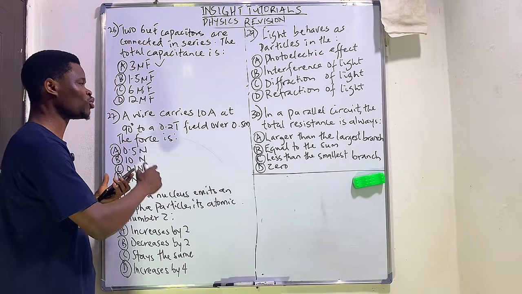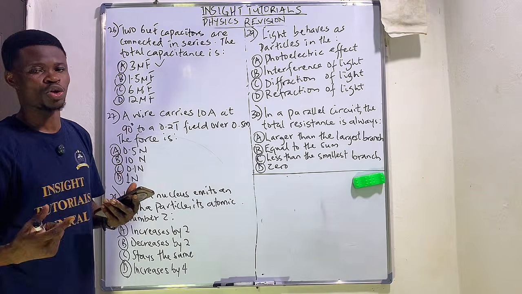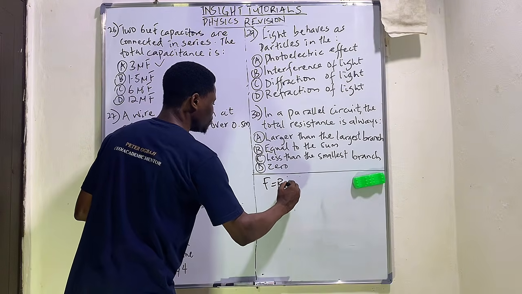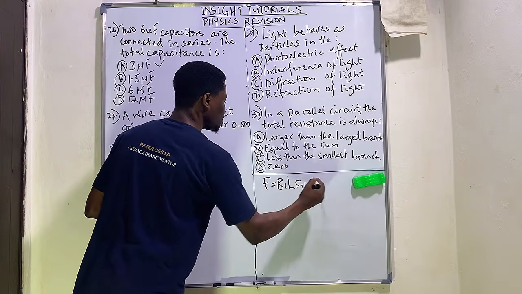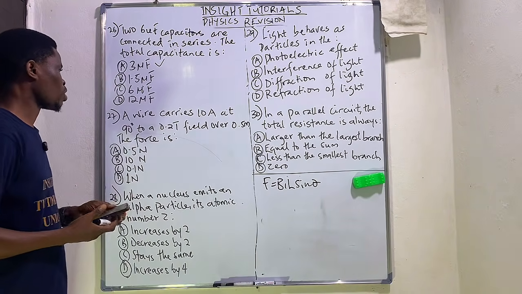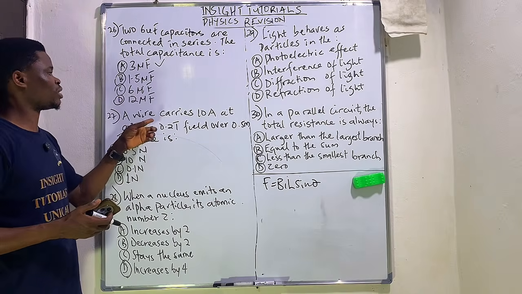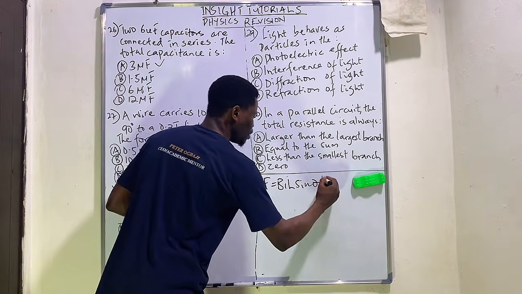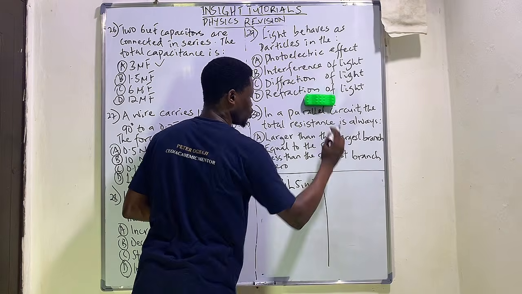But now we're dealing with force in a current carrying conductor, and the force in a current carrying conductor is given as F is equal to BIL sine theta. Now, remember the current that is given to us here, that's our I. Let me write out each of what we have now.